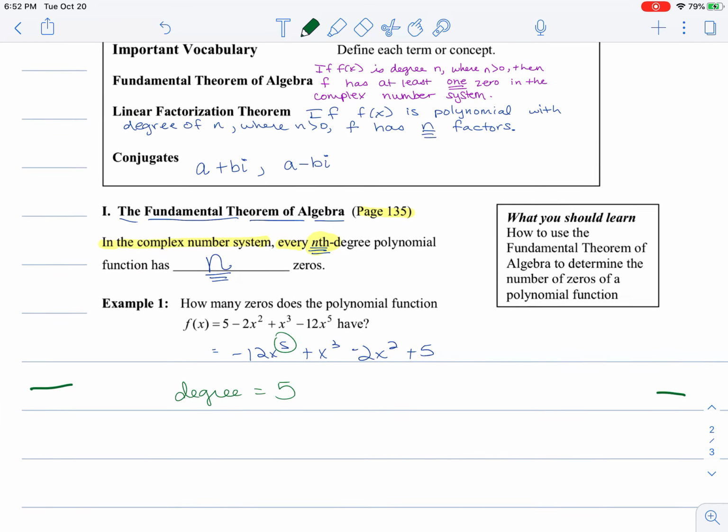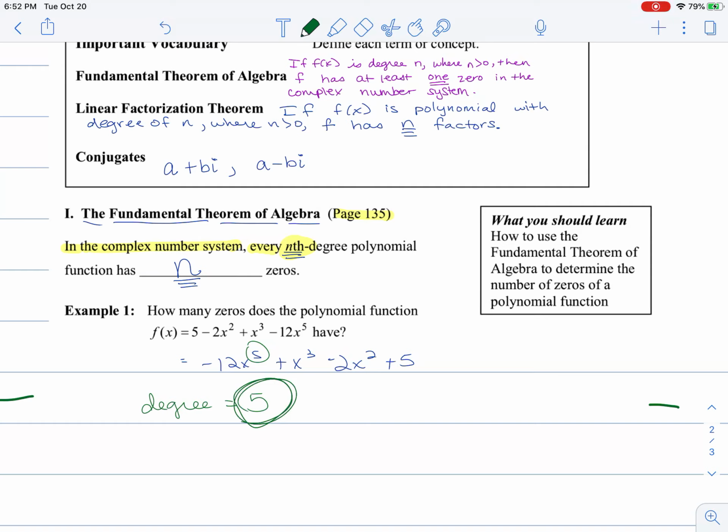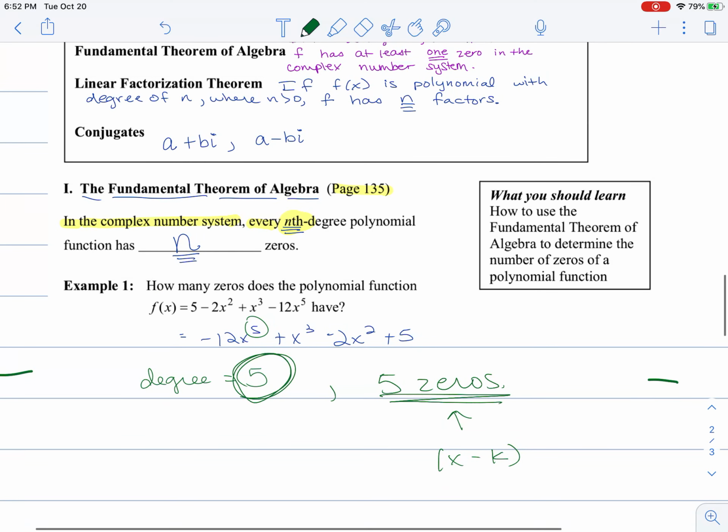So we knew by our fundamental theorem of algebra, or rather, the linear factorization theorem says that if it has a degree of n or 5, then it has the same number of factors or zeros, because factors and zeros go hand in hand. So then it has 5 zeros as well, because we know a factor looks like x minus some value of k, where the zero or the solution is k.